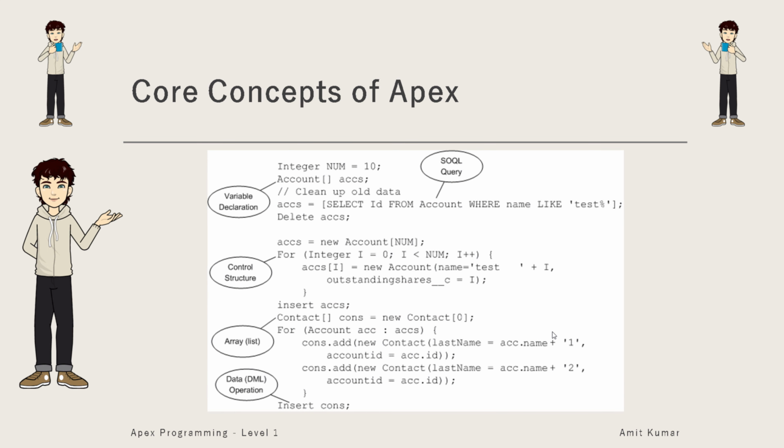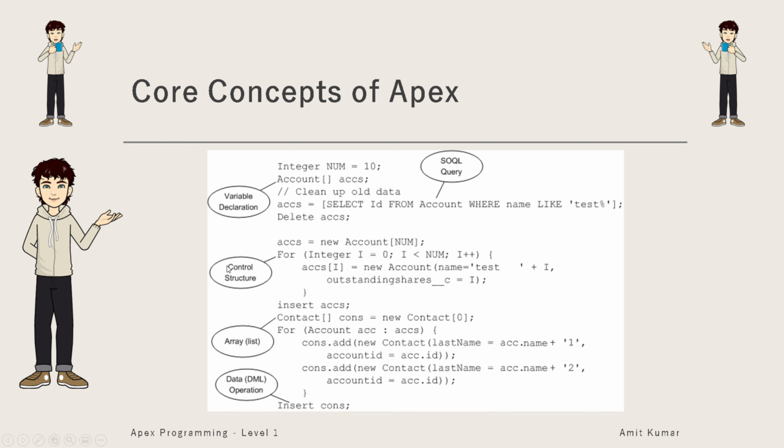To understand this, let's see a simple program in Apex. We have taken this image from the Apex developer guide itself. You can clearly see in this program we have used variable declarations like integer num equals 10 and accounts ACCS. These are nothing but variable declarations. You can see we have used a SOQL query like select ID from account where name like this.